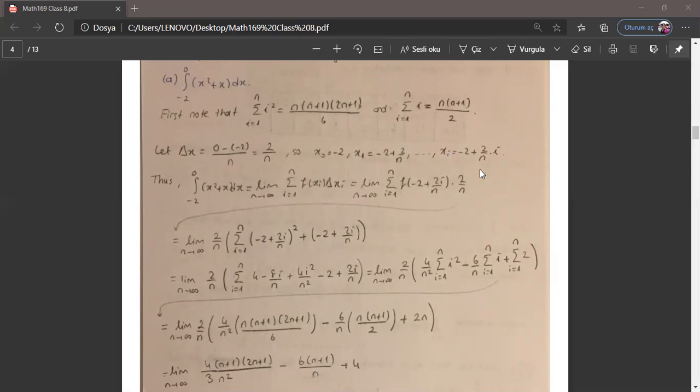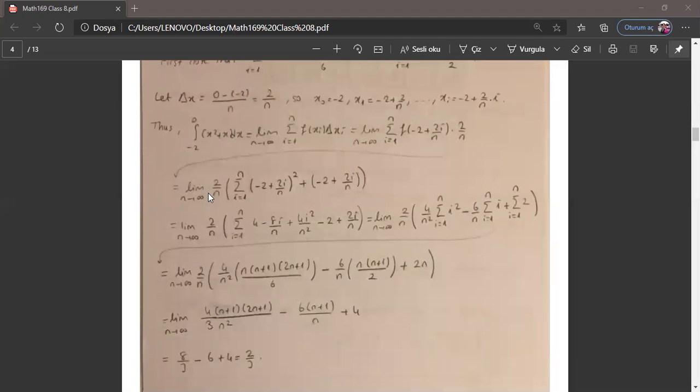So instead of xi, we will write that and get this times 2 over n, which is delta x sub i. So we write it outside of the sum, but not outside of the limit, because we have n here. Be careful about it.